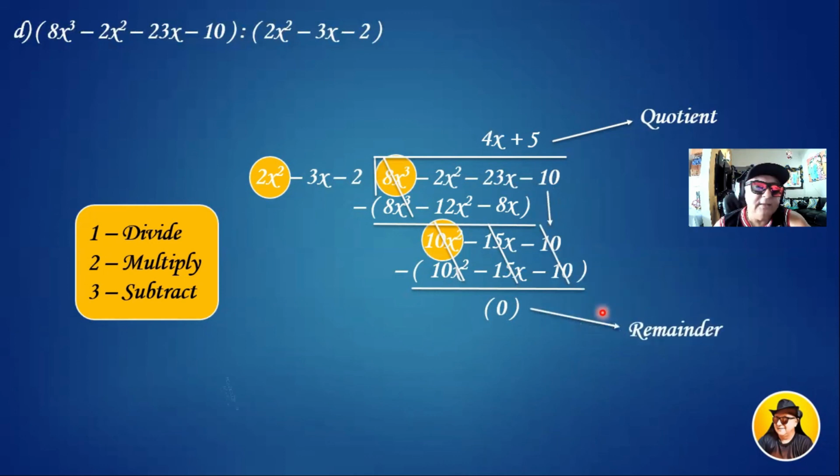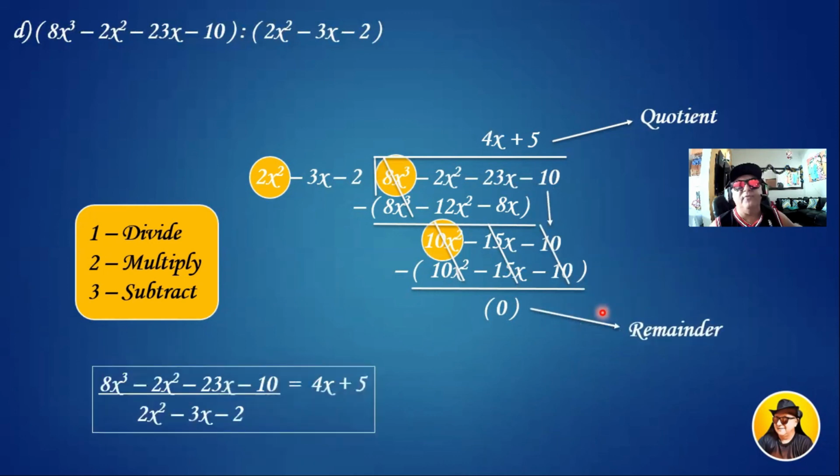All right, so we have another perfect division, okay? So 8x cubed minus 2x squared minus 23x minus 10 divided by 2x squared minus 3x minus 2 is a perfect division. So it is 4x plus 5, okay? Because the remainder is 0, okay?